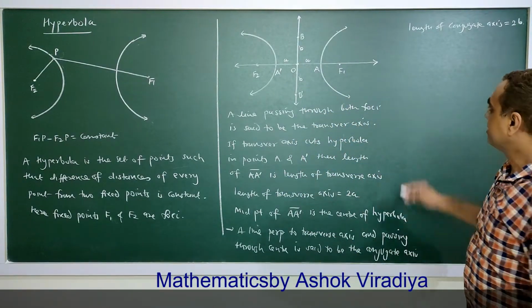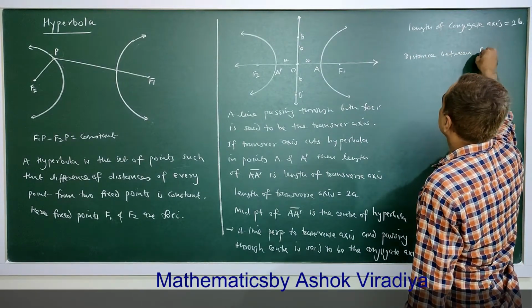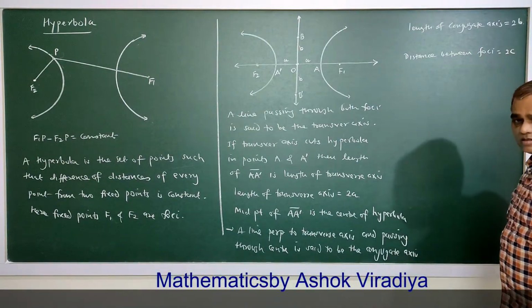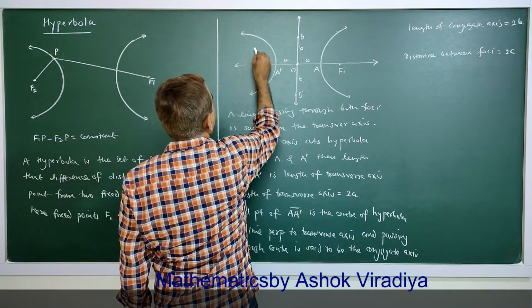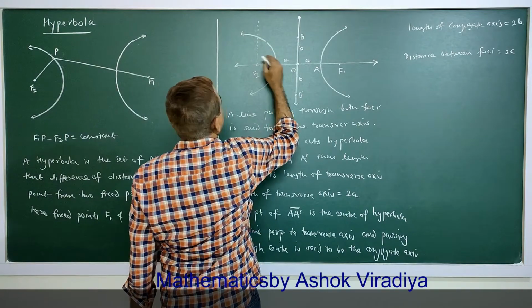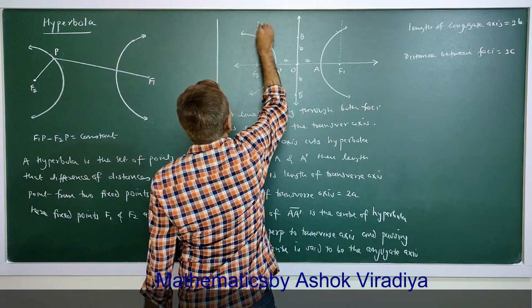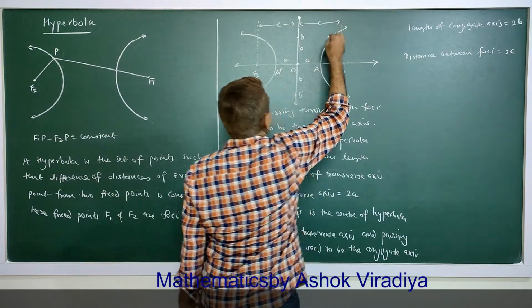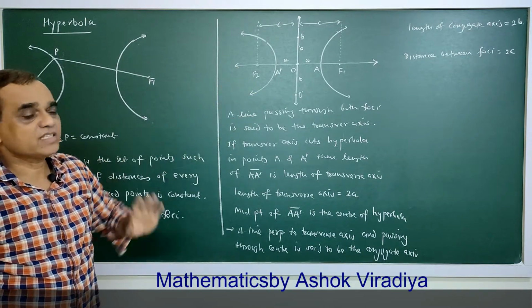One more point: the distance between the foci is taken as 2c. Here in this diagram, this is F2, this is F1. This distance is c, this distance is c. So the distance of every focus from the center is taken as c.